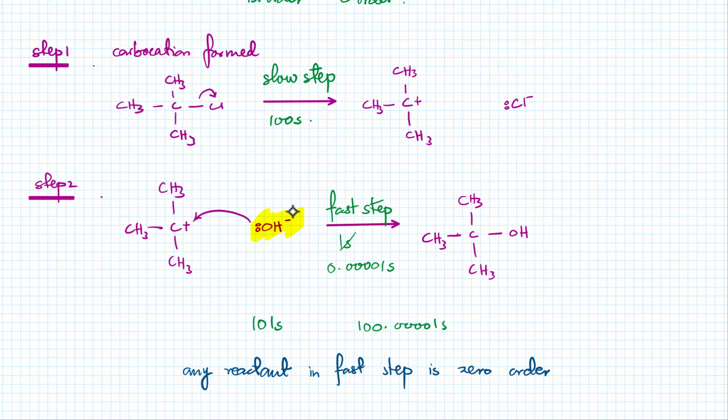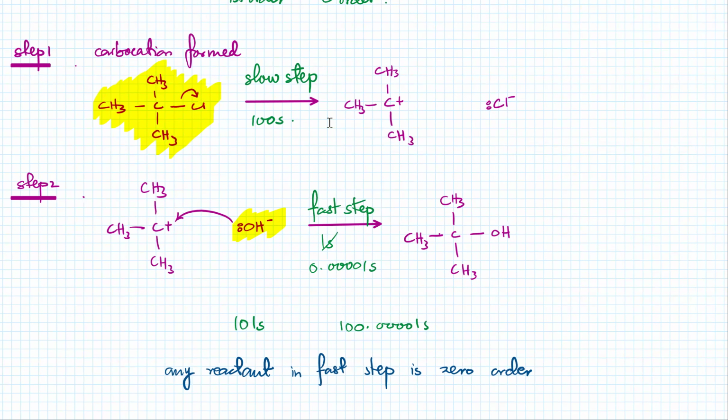Now, what if I increase the concentration of this halogenoalkane? Then what will happen? More collisions, more chances of Cl getting produced. The reaction will speed up, right? You have a higher concentration of halogenoalkanes, so the reaction would speed up, and let's say the speed doubles, so it's 50 seconds now.